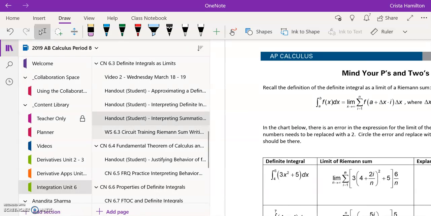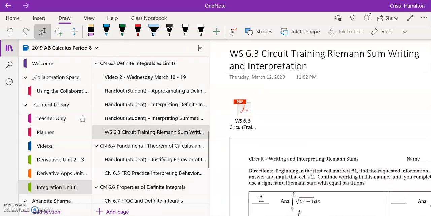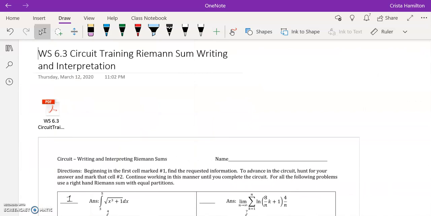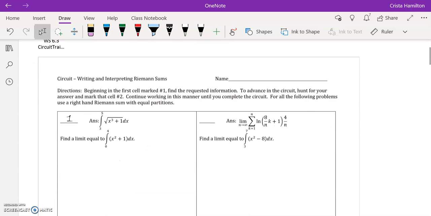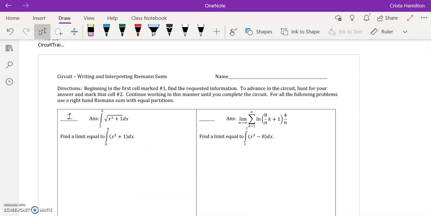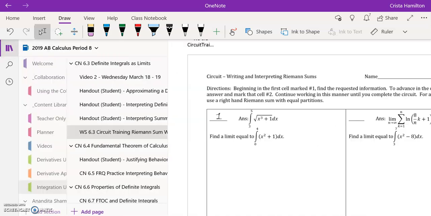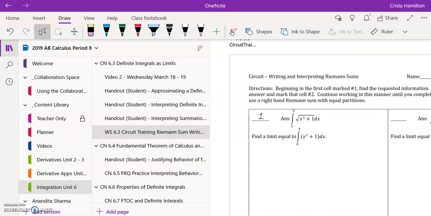And then the final thing that I have to finish out this week, which is covering 6.2 and 6.3 in Unit 6, is a nice little circuit where I would like you to, again, get more practice with matching the summation limit to the definite integral and working your way through that. So that will finish out this week's lessons for AP Calculus Unit 6.